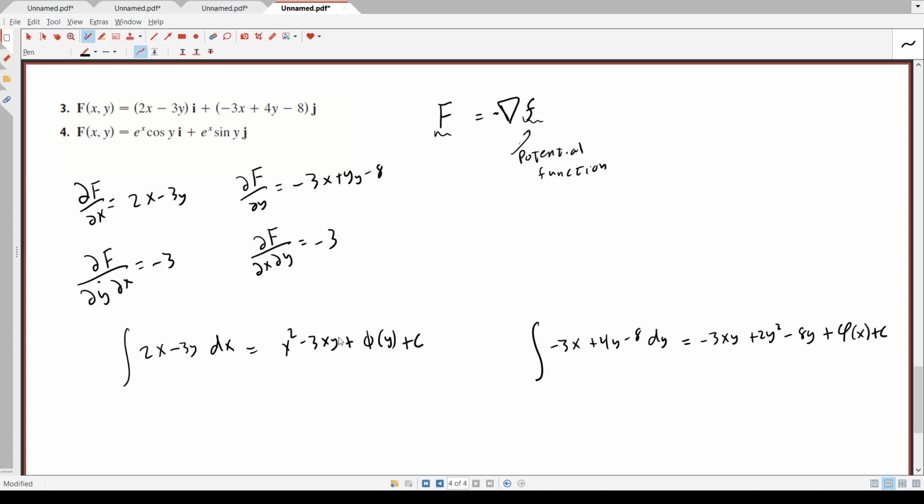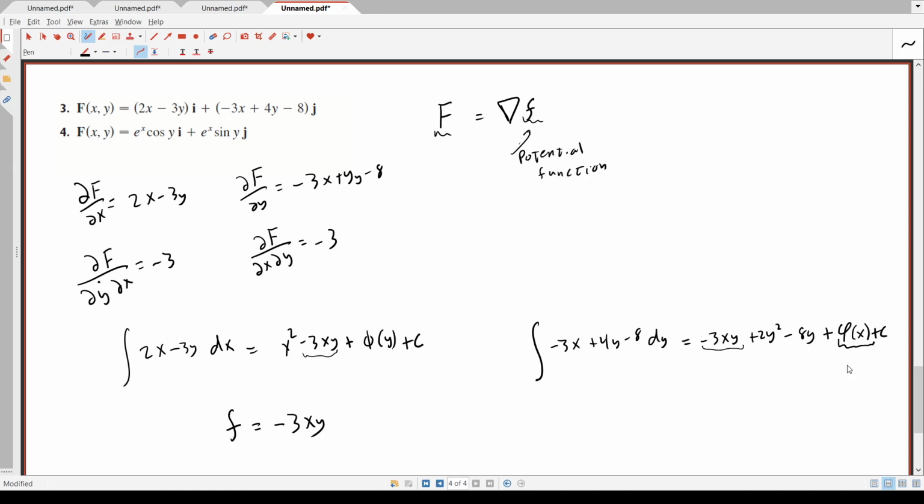Now I'm going to compare these two expressions. Let me just forget the negative for a little bit; it's not important for now. First I look at the terms that are in both of these, so that's going to be this and this, and that's going to be there for sure. Now I look at the functions that involve only x.